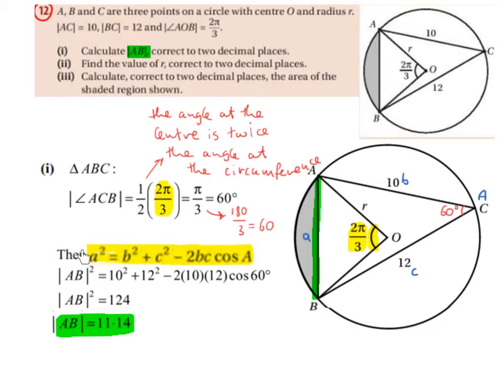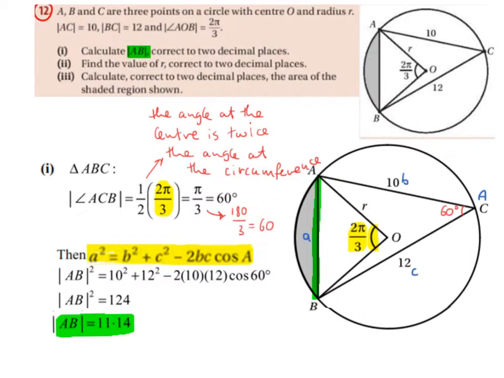Then we're going to use the cosine rule, which is a squared equals b squared plus c squared minus 2bc cos of A. We're going to label AB as lowercase a, that's the side we're looking for, and the angle 60 degrees is going to be capital A. Then we label the other two sides as b and c.